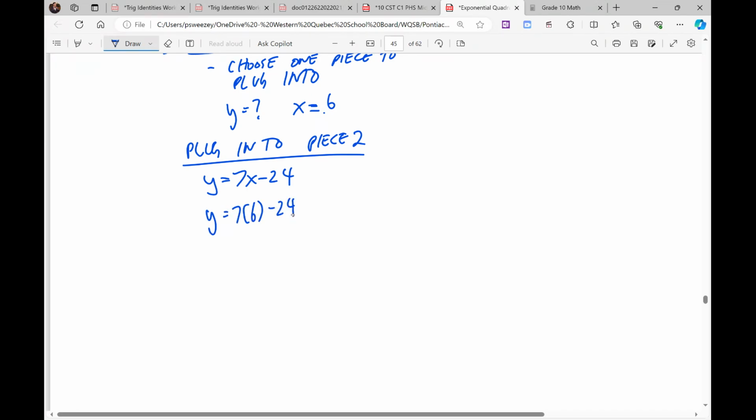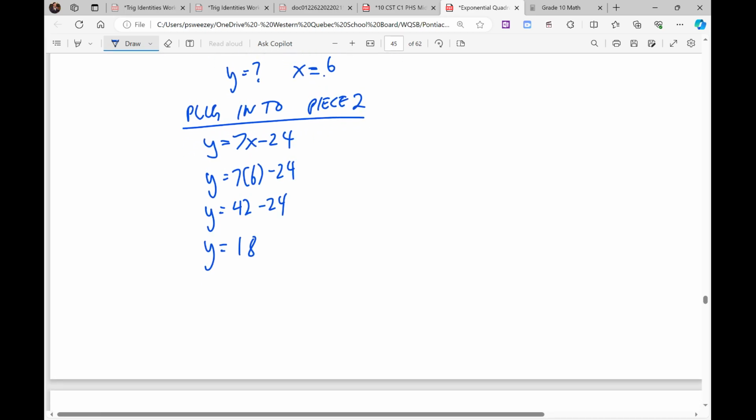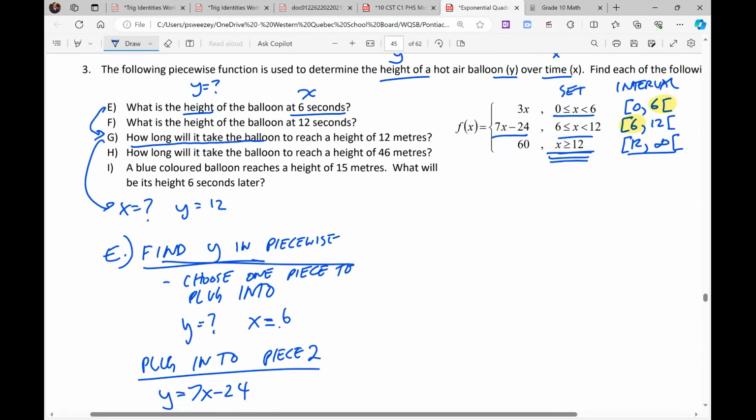So I chose the piece I wanted to plug it into. We're now going to have y is equal to 42 minus 24. So that's the value for that guy right there. Question, Bradley? I just have a question. Can you divide 18 by 6 and then figure out how much it goes up per second, or would that not work because of the different functions?